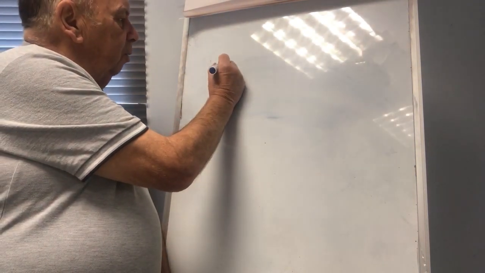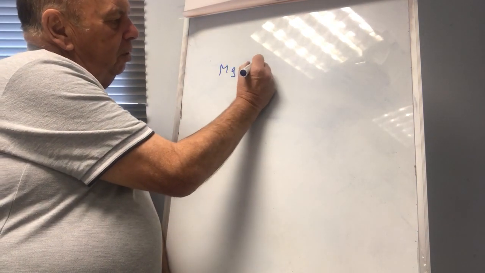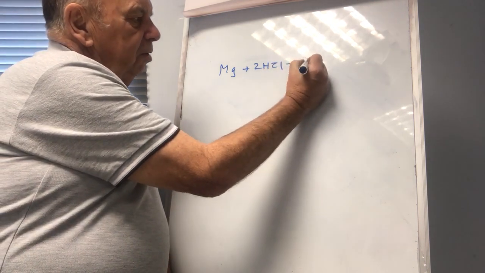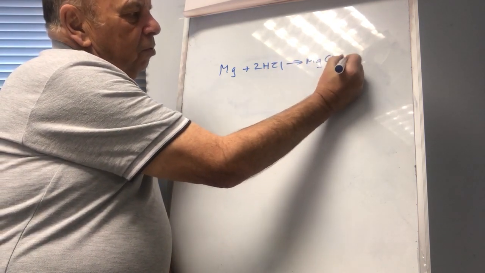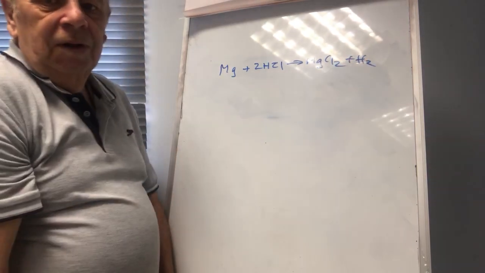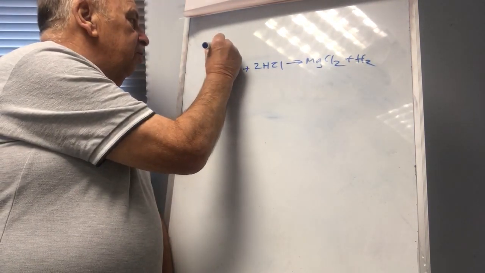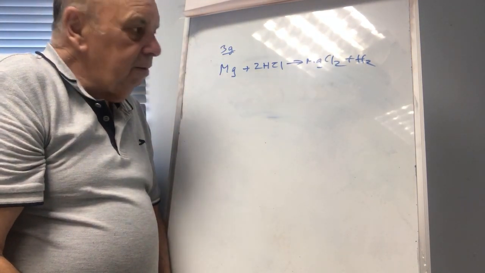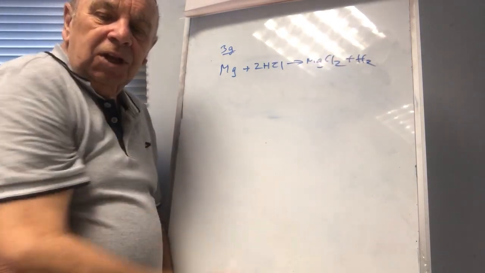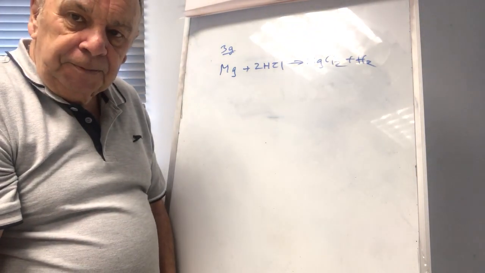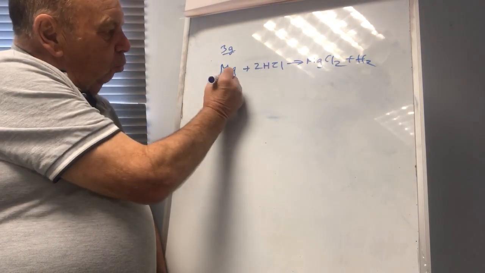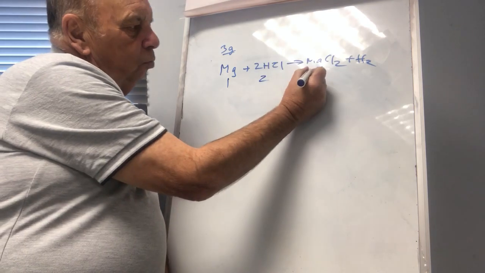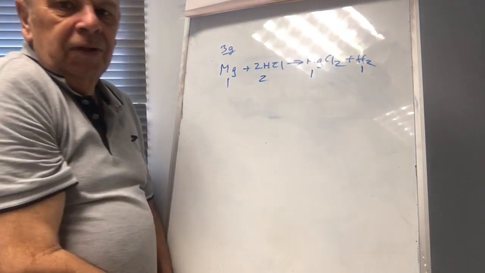Here's a well-known equation now, which we've spoken about, Mg reacting with hydrochloric acid, HCl, to give me magnesium chloride and hydrogen. Suppose, for example, I've got 3 grams of magnesium and I want to calculate how much hydrogen gas is produced. Look at that equation. 1 mole of that plus 2 moles of that gives you 1 mole of that plus 1 mole of that.